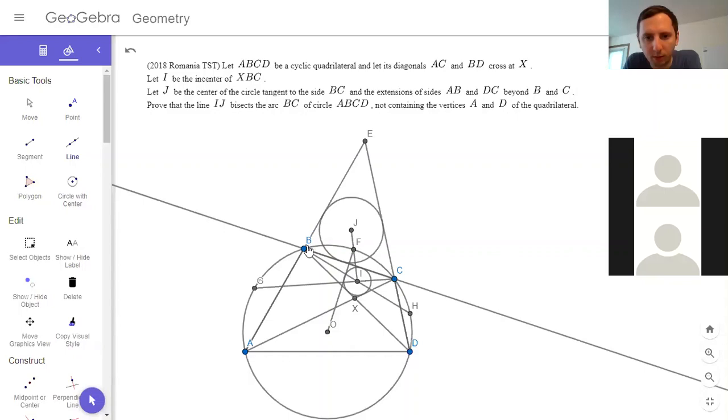So basically, angle JBC is half of EBC, which is half of CBA.